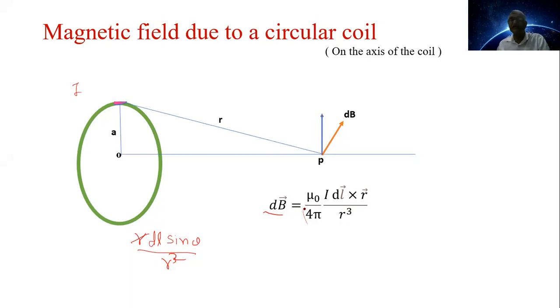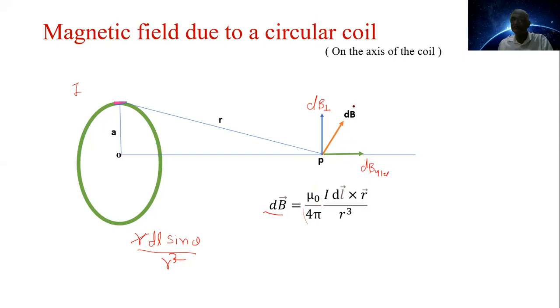Now this magnetic induction can be divided into two parts. One of them is the vertical part or perpendicular to the axis, which we designate as dB perpendicular. Another part is dB parallel, or along the axis.